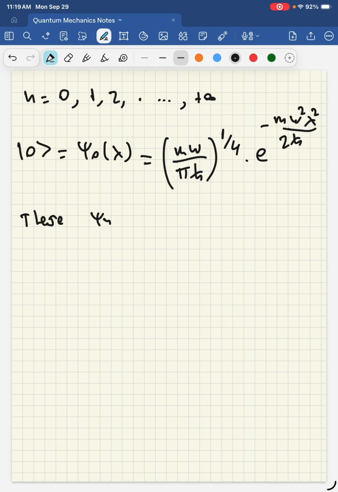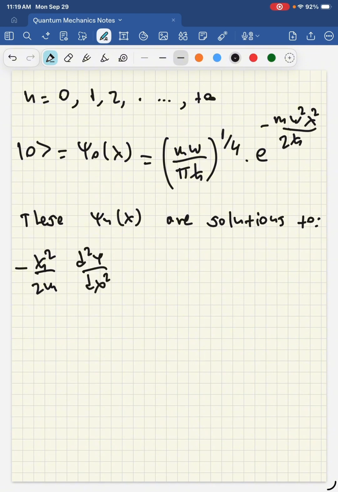Now these functions, these Cn's of x, are solutions to this differential equation for the harmonic oscillator: minus h bar squared over 2m d squared Cn over dx squared plus 1/2 m omega squared x squared Cn.